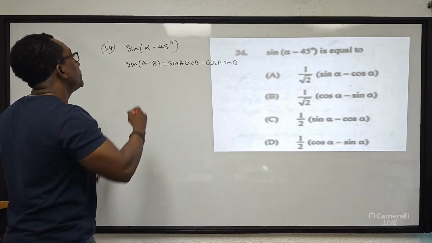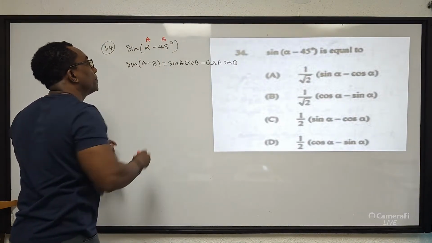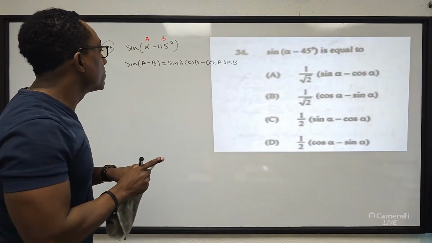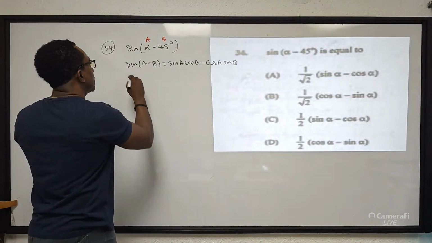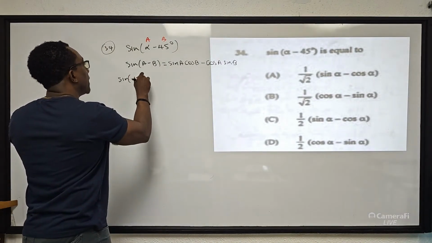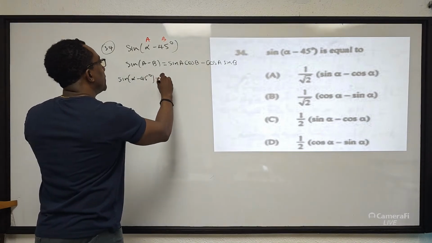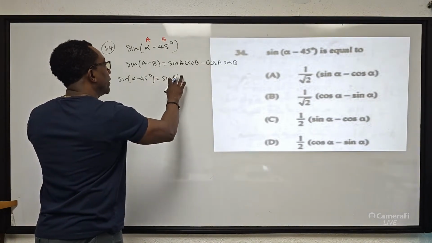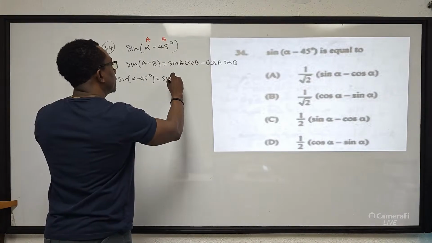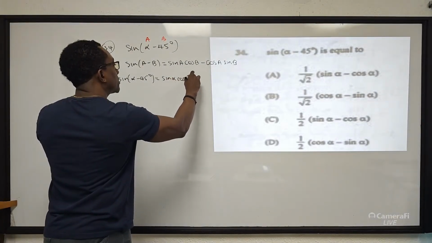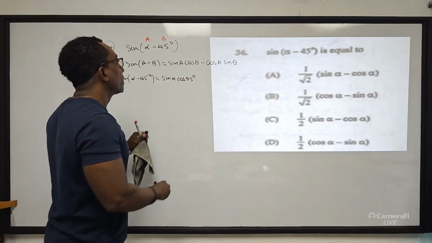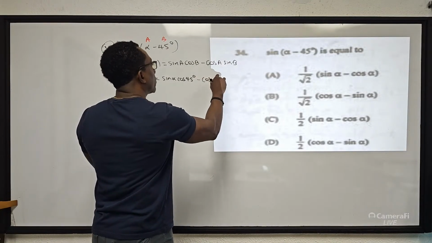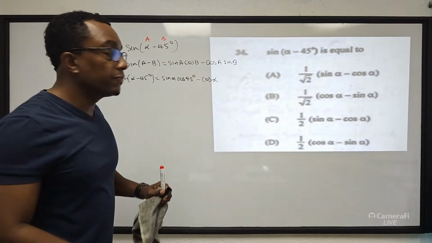So alpha will be A, 45 will be B. Let's simply expand. Sine alpha minus 45 degrees will be sine alpha cos 45 degrees minus cos alpha sine 45 degrees.